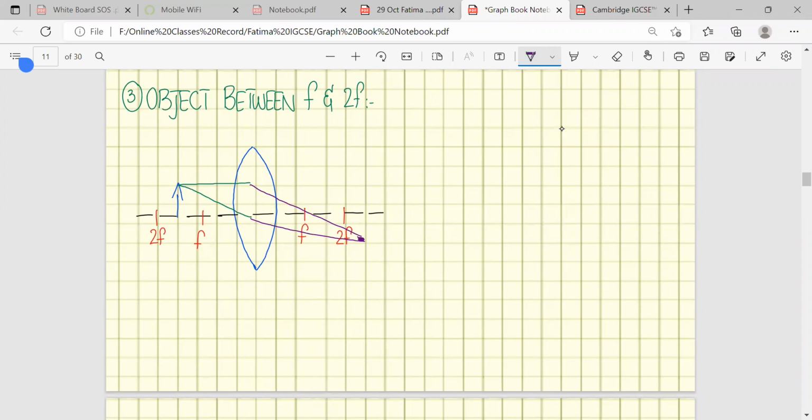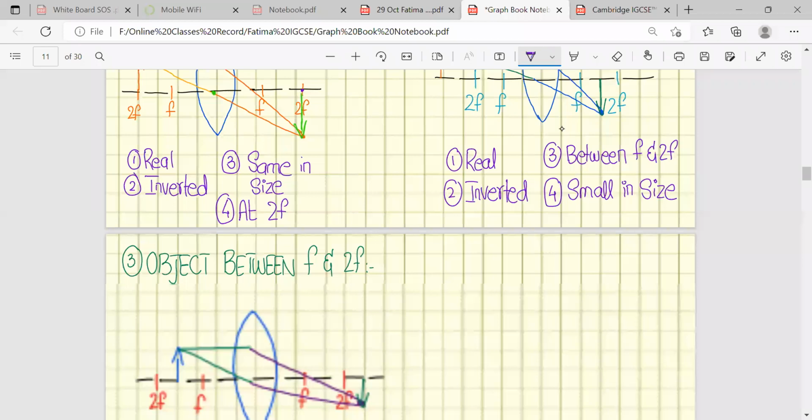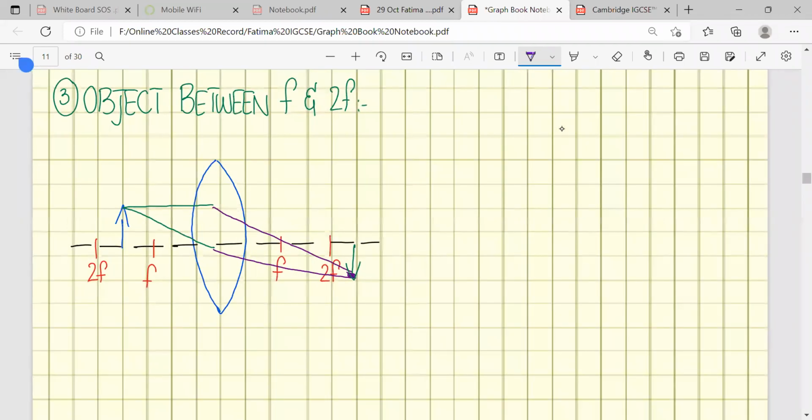So this will be the final image of the object, which is again inverted in form, but there are some different properties here. We can say at this point, the image will be real. Number two, that the image will form beyond 2F, right? And inverted in form.